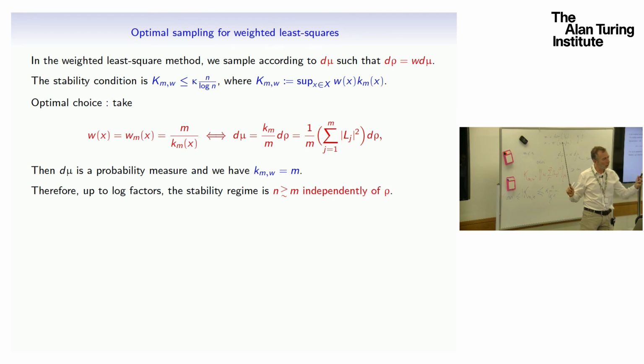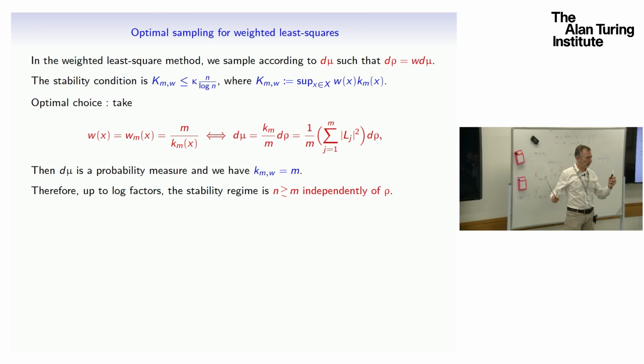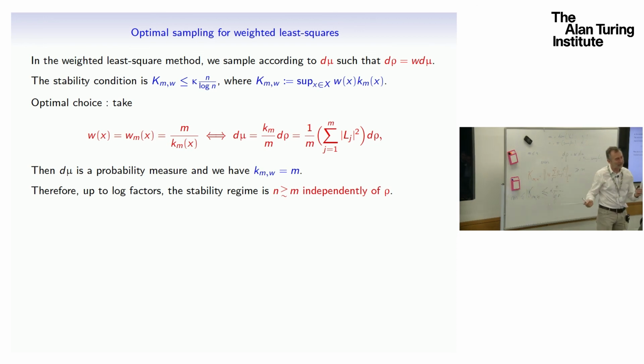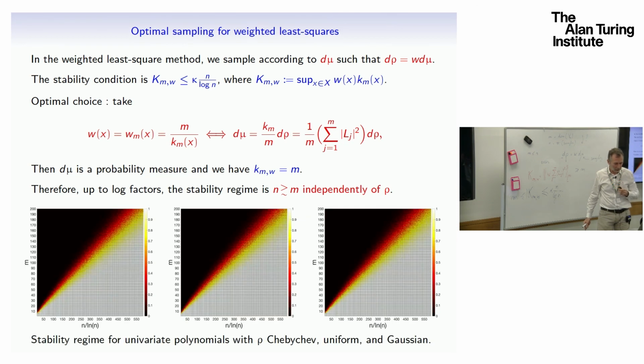It could be the Legendre, the uniform measure, the Chebyshev measure, the Gaussian measure, you name it. As soon as you do the right importance sampling, in a sense, you land into the optimal regime, which at first I did not have this intuition when I began to work on this question.